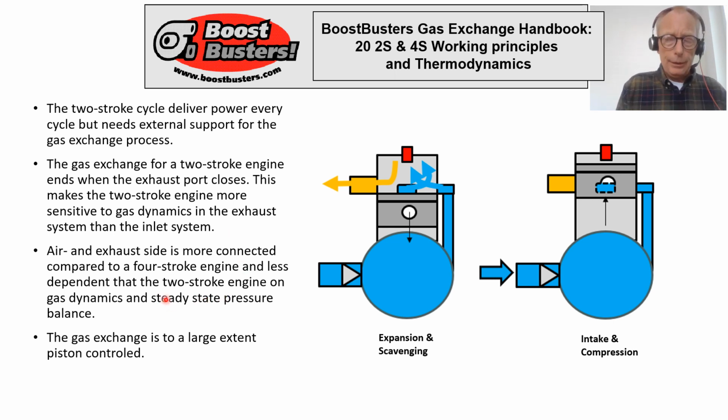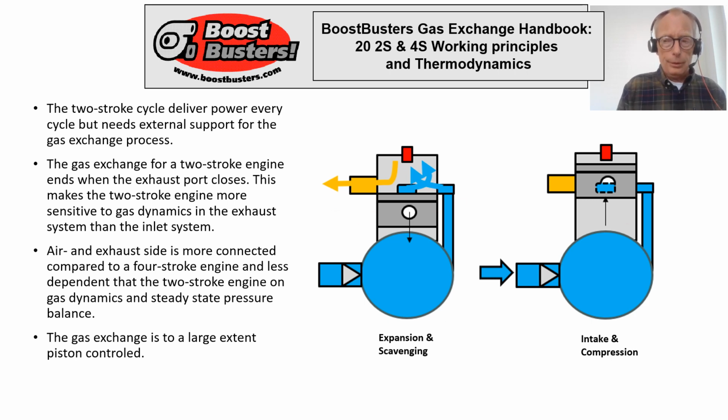It's also true to say that the air and exhaust side are much more connected to each other in a two-stroke engine, simulation-wise, and because of a lot of reasons, the gas exchange process is much more mixed, much more complicated, both in real life and to do calculations on for a two-stroke engine. Yes, so that's basically the gas exchange processes for the four-stroke and the two-stroke engine.